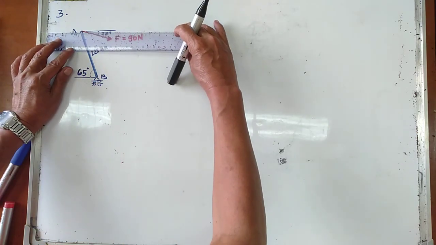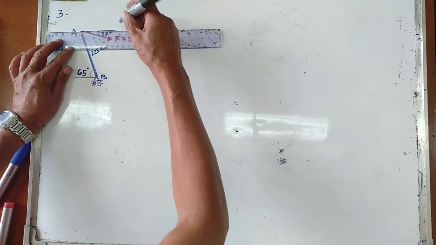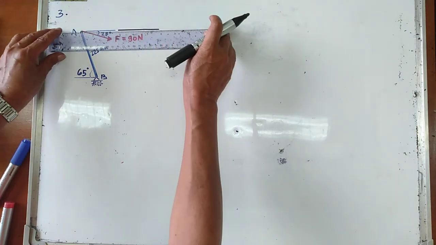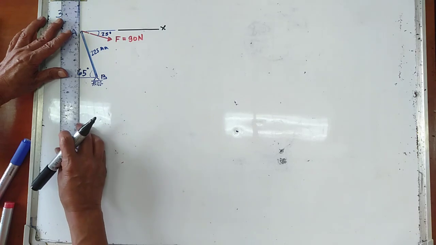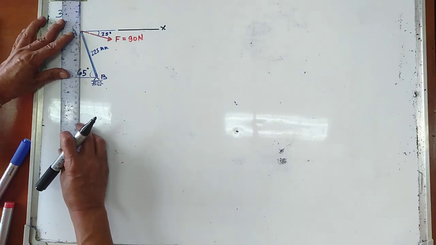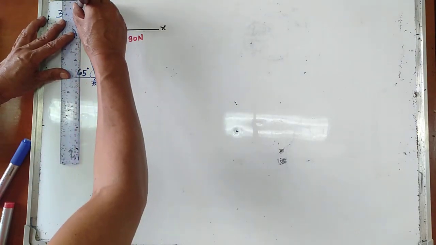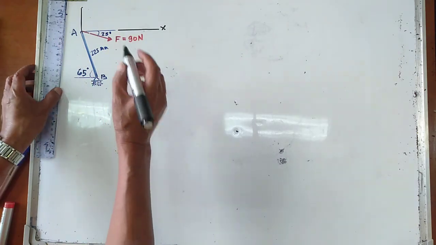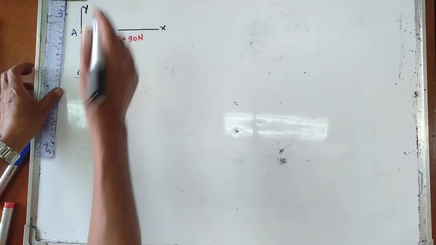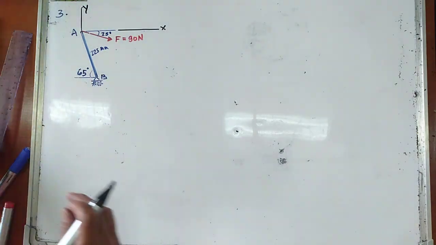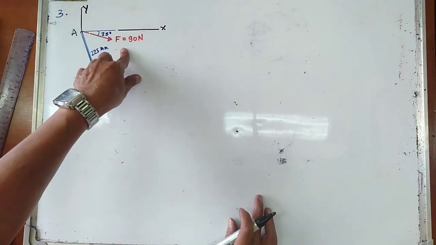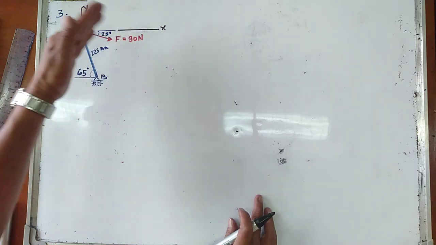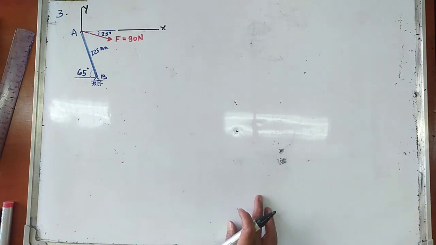So I'm going to consider that this is now the x-axis. And I'm going to consider that this one in here is now the y-axis. So that is the y-axis.